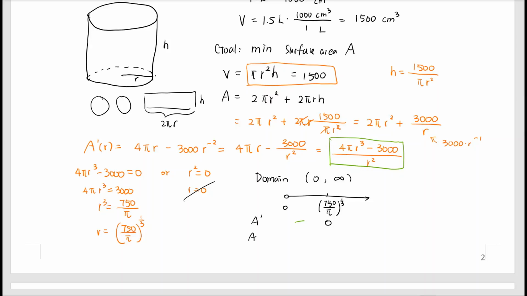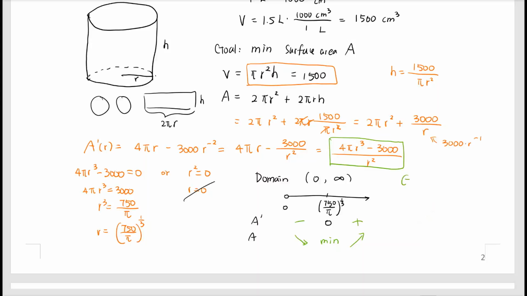Okay, here we can think about a big number, maybe 1000. Then you see the numerator is going to be positive and the denominator is also positive. So that's why my A is going to be decreasing, then increasing. If you have decreasing, increasing, what do you call this guy? Local min. And in fact, here is the global min as well, because this goes down and then up, and this is the only critical point.